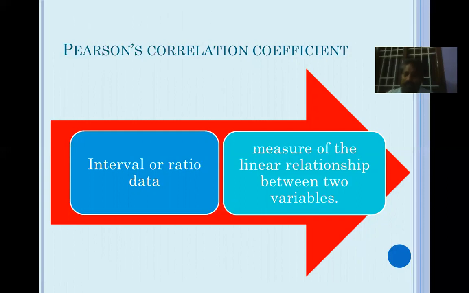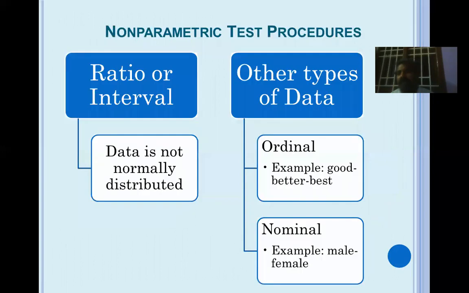When one variable increases, the other variable also increases. When the number of hours of study time increases, the marks also increase. When your income gets lesser and lesser, your savings get lesser and lesser. This kind of linear relationship can be studied through correlation studies. Fine. So we have seen three different parametric tests.